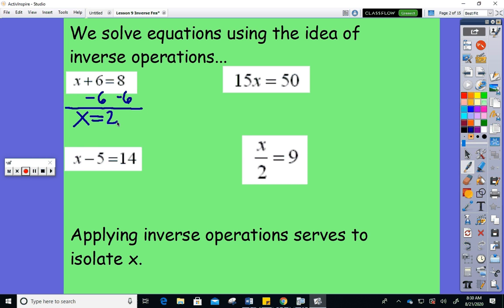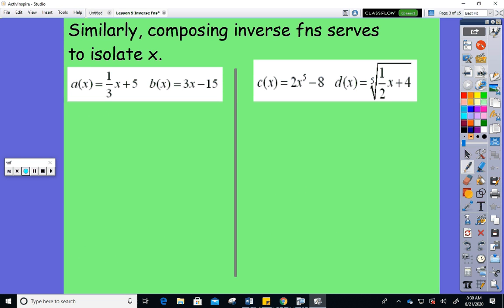Of course, I know that you know how to do these equations. For instance, on the fourth one, if you have x divided by 2 equals 9, dividing by 2 is the inverse operation to multiplying by 2. So you know we can multiply both sides by 2, and that serves to isolate x. That's where we're headed when we look at inverse functions. So keep that basic idea in mind.